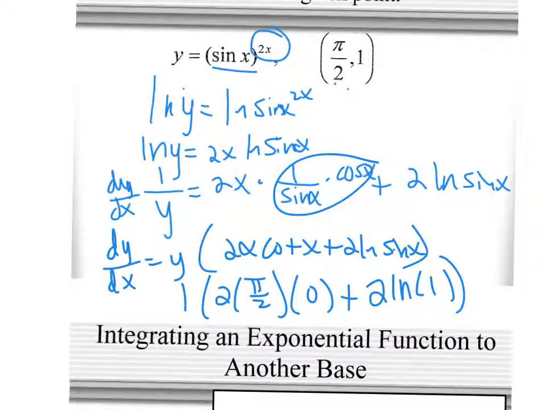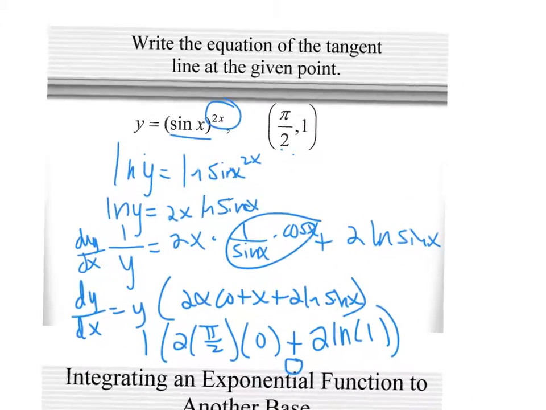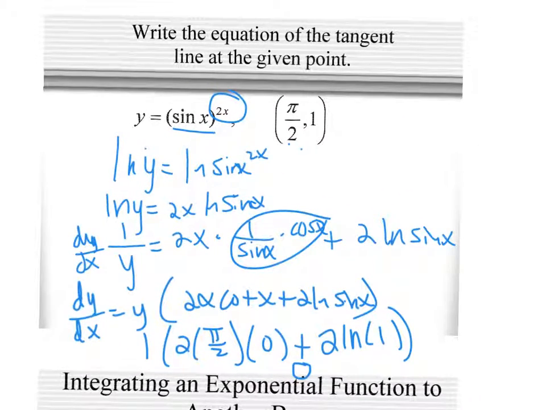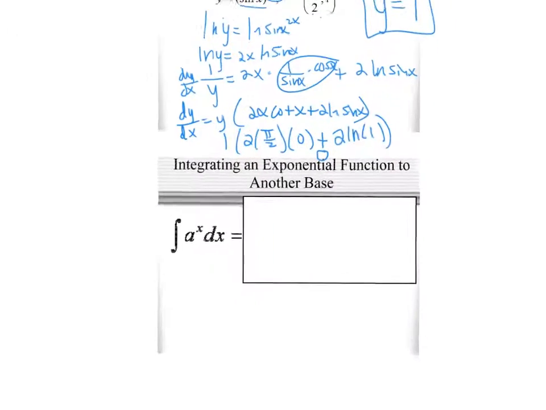The ln of 1 is 0. So this whole thing ends up being 0. And if you have a 0 slope, that's a horizontal line, which means it's going to be y equals 1. Okay.